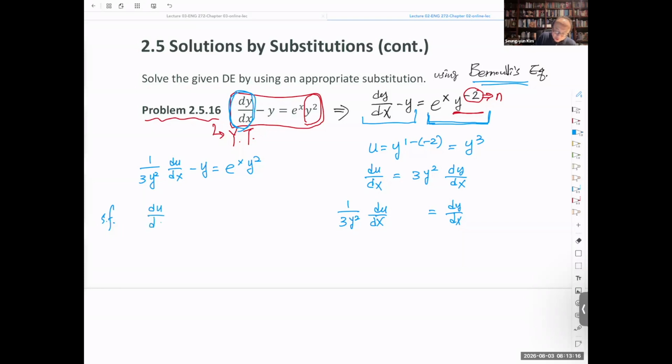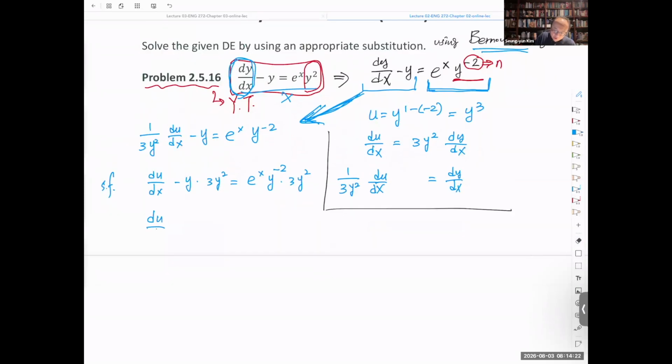Then du over dx minus y times 3y squared equals e to the x y squared times 3y squared. I'm sorry, our original equation is y to the negative 2, this guy. Not this one. So initially we had a negative 2 right there, so it should be negative 2.